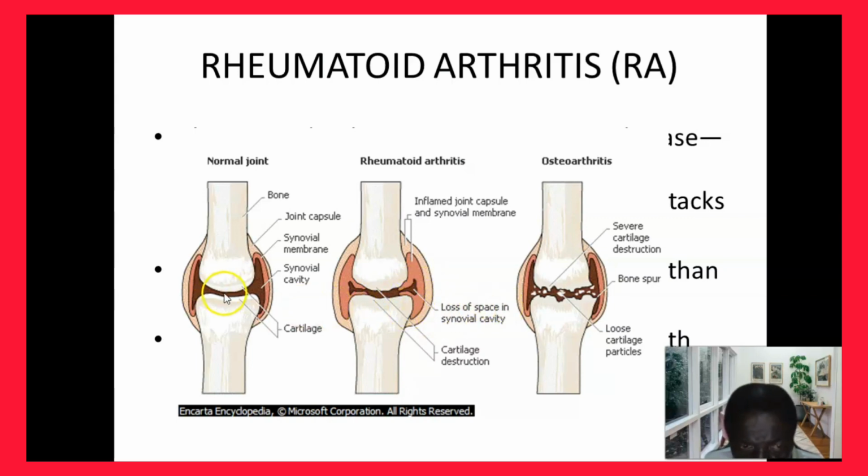The space here is not there. The fluid is also not there, and there is a minor cartilage destruction, not as pronounced as this, but it is autoimmune. It's the body itself attacking itself.